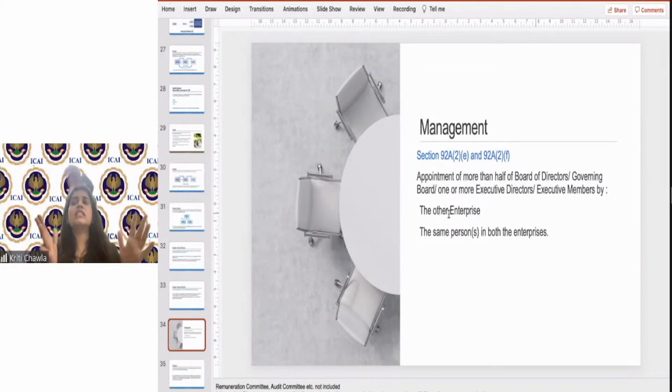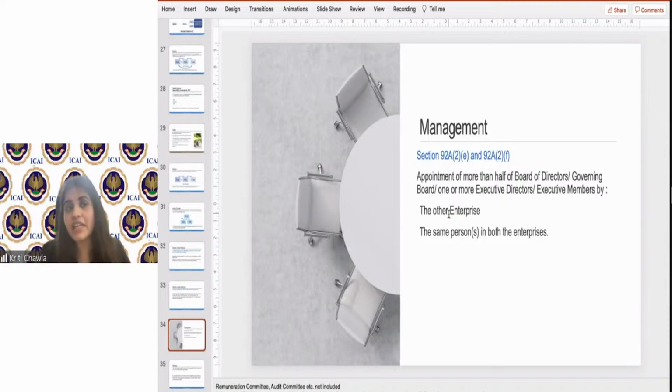Well, it just says that, if there is a company, and this company is actually appointing board of directors in the other company, or this one company is appointing executive directors in the other company, well, then these 2 companies will become related to each other. Meaning to say that, let's say there is one company, and this one company is appointing board of directors in the other company.